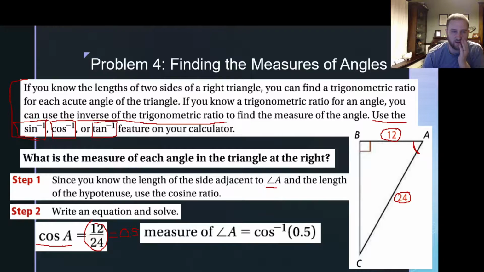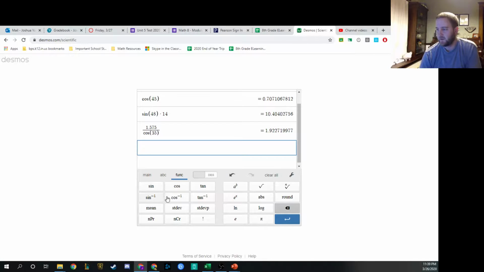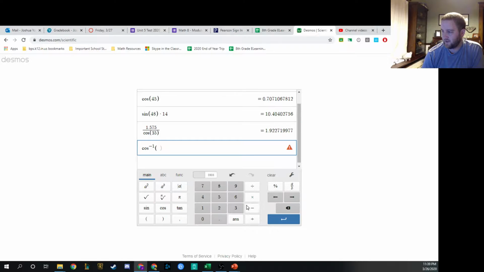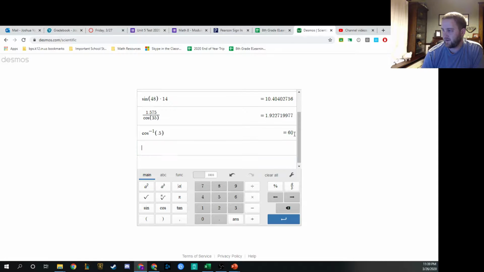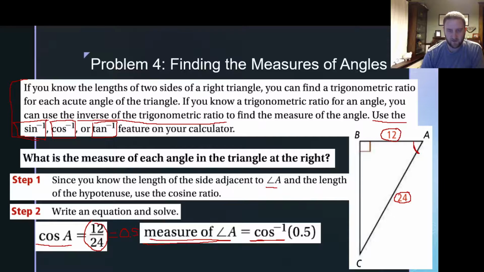So to find the measure of angle A, we're going to take the inverse cosine of 0.5. So we're going to click the inverse cosine of, go back to main, 0.5, and that gets us our angle of 60 degrees. So A is 60 degrees.